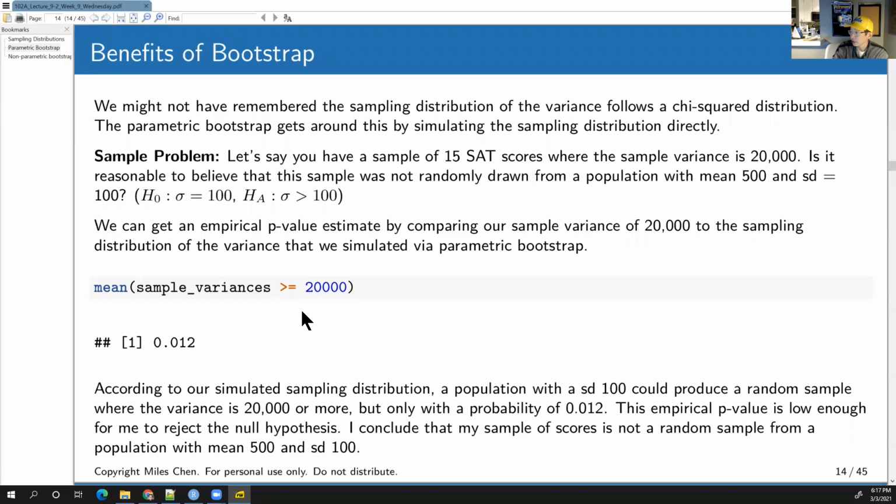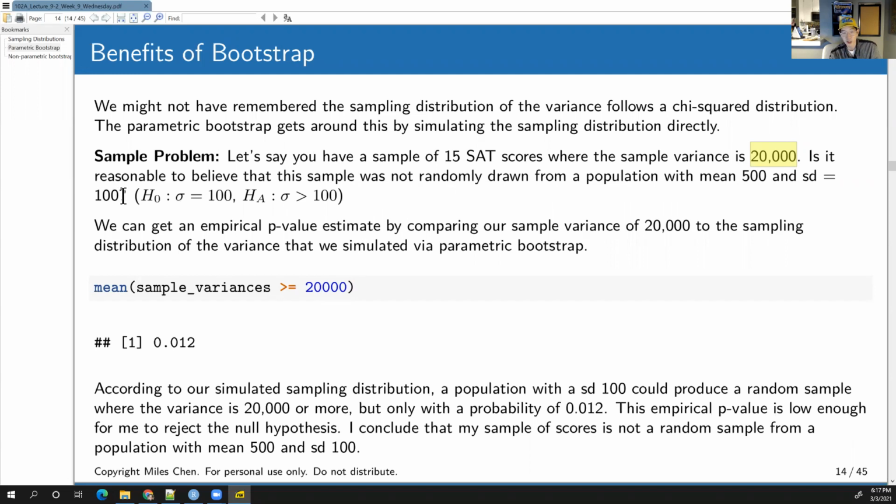And so then we can do some statistical inference, right? Let's say I have a sample of 15 scores, and my sample has a variance of 20,000. We ask, is it reasonable to believe that this sample is not randomly drawn from a population where the mean is 500 and standard deviation is 100?